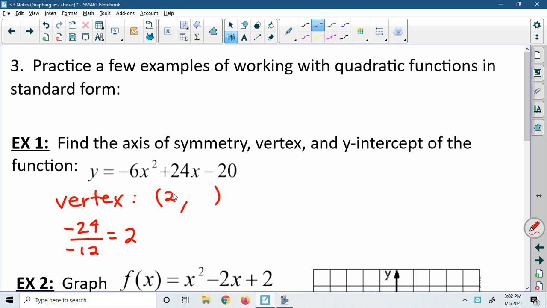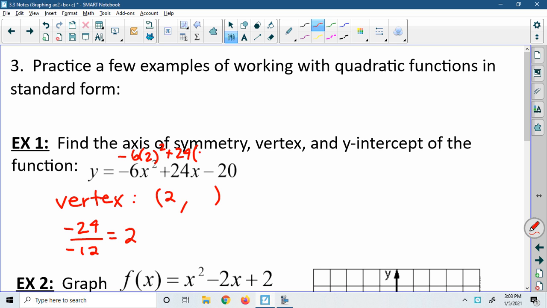Now that we've got the x-coordinate for the vertex, we just need to find the y-coordinate that goes with it. So of course what we do is we take the x-coordinate and we plug it in for all of the x's. Now you're welcome to do that by hand or on a calculator. When we do standard form, I usually end up doing it on a calculator.